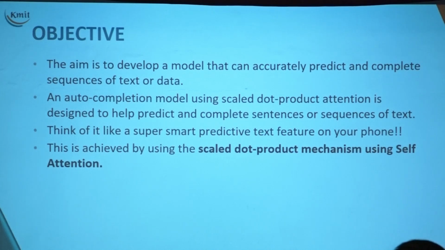Think of it like a super smart predictive text feature on your phone. It's something like that that we are going to build today. This is achieved by using the scaled dot product mechanism using self-attention. All of you pay attention to that last line: scaled dot product mechanism using self-attention.